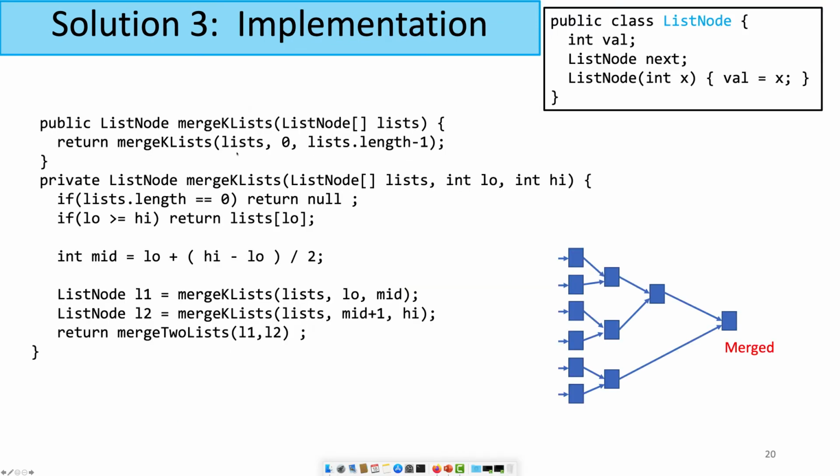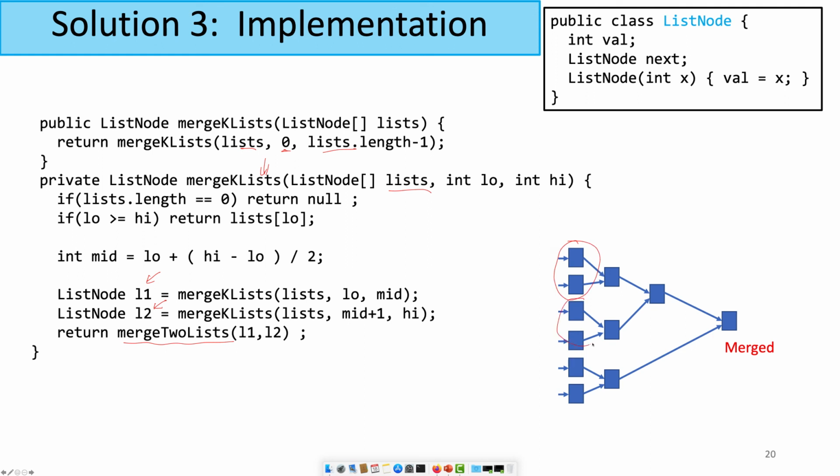Now let's look at the implementation. So merge k lists will send us the lists, and then the start and end index to the recursive merge k lists function. The recursive merge k lists will split this list until it becomes a single list L1 and a single list L2. And then eventually use the merge 2 lists algorithm from Leetcode problem 21 to merge these 2 lists together.